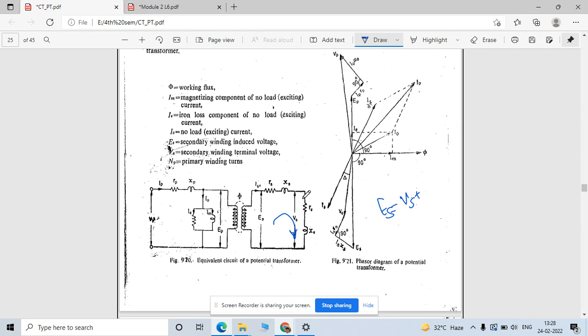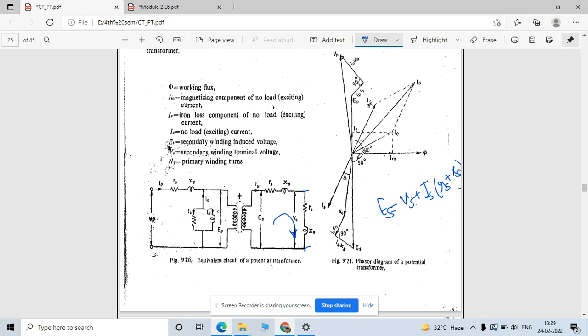So Vs is nothing but the drop across your load end, and this is your winding resistance and these reactances. So just write all these things and draw it on your secondary side, right? So according to this, you can easily draw all this circuitry.